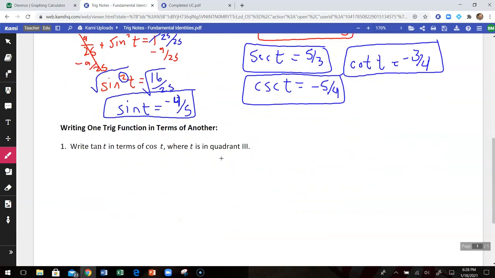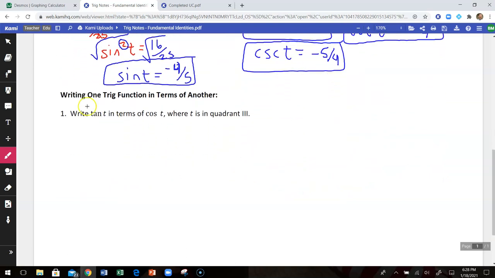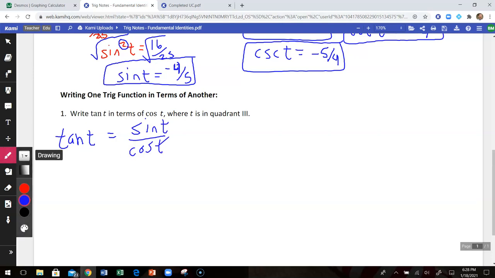Okay. All right. Next question is to write tangent in terms of cosine, where t is in quadrant 3. So what does that mean? Well, what I know about tangent is that it is sine divided by cosine. So what this question is asking us to do is it's saying I don't want more than one trig function on the right side.